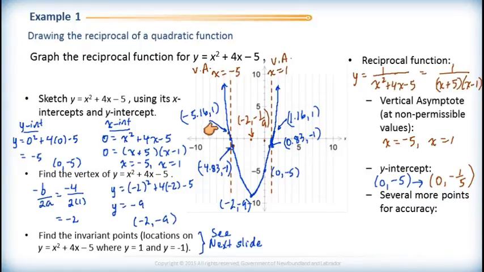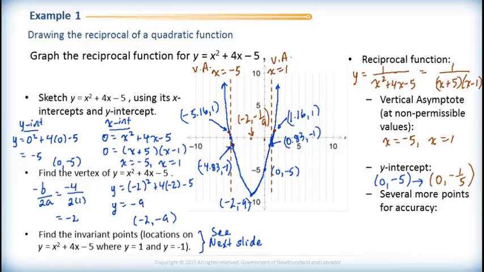So I've sketched in my parabola, y equals x squared plus 4x minus 5. That'll be a bit of a guide here. Now from here, because it's only a sketch, I can use that parabola as my guide by doing an analysis. I've got an invariant point right here, and back here before the invariant point, the parabola has large positive y values. So the reciprocal of large positive will be small positive.